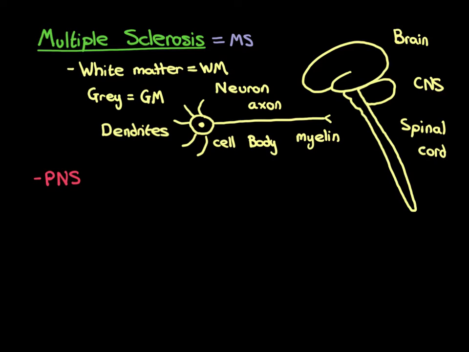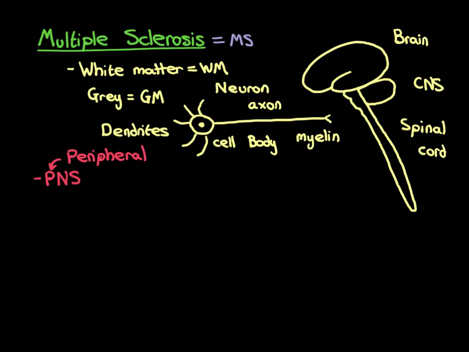So the entire nervous system can be split into two major parts. The central nervous system, which is the brain and the spinal cord in the bony protective casing, the skull and the vertebral column. And then there is the peripheral nervous system, or the PNS. So this P here stands for peripheral nervous system. And this is where all the nerves that are outside of the central nervous system are classified.